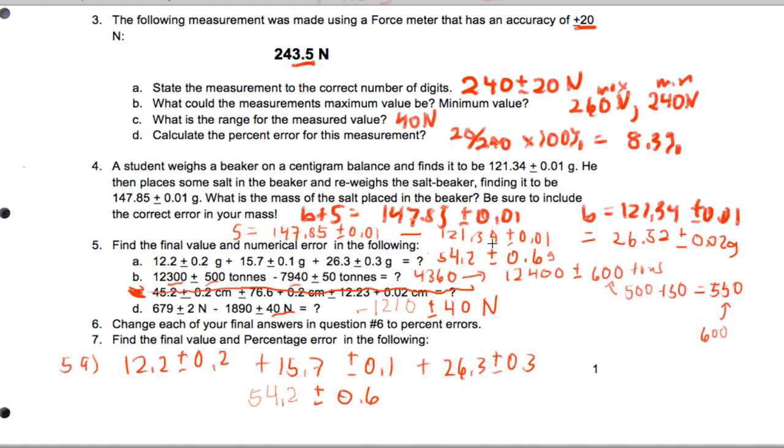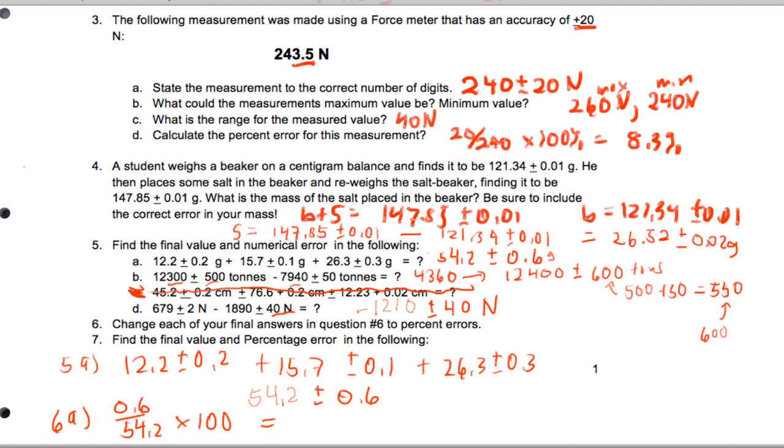Now, I'm going to do 1% error calculation just in the interest of time. And I want to actually have you kind of check these on your own. So for 6, I'm going to call it 6a. So for 6a, I'm going to take 0.6 divided by 54.2 times 100.